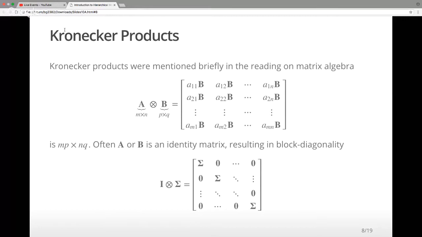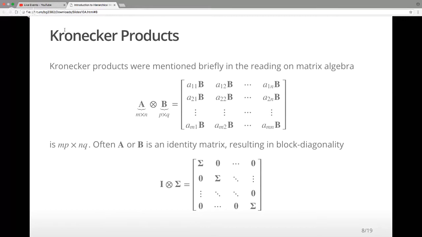That is pretty straightforward, although you don't see Kronecker products as much as other operations in matrix algebra. Often either A or B is a matrix with special structure, like diagonal or maybe even the identity matrix. If A is the identity matrix, then a lot of the scalars in A are 0, and 0 multiplied by B is just a block of zeros in your matrix. So a very common construction is identity matrix times covariance matrix.